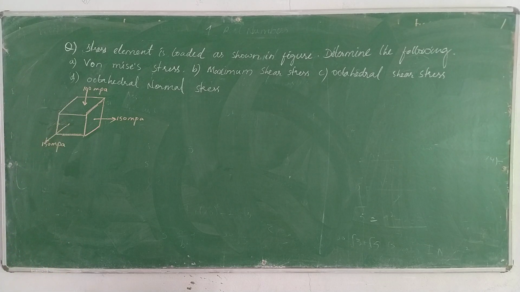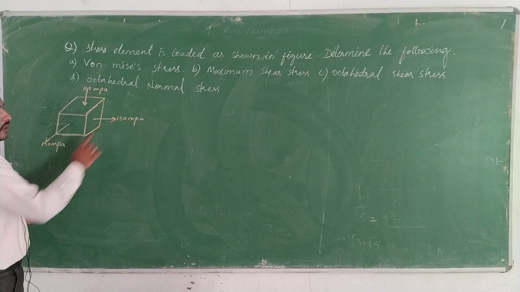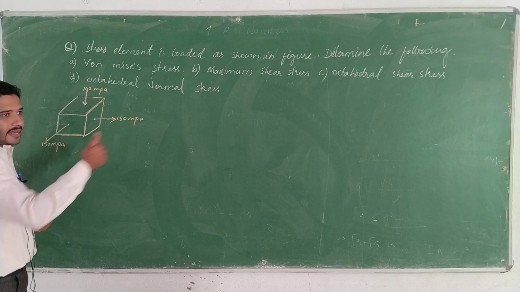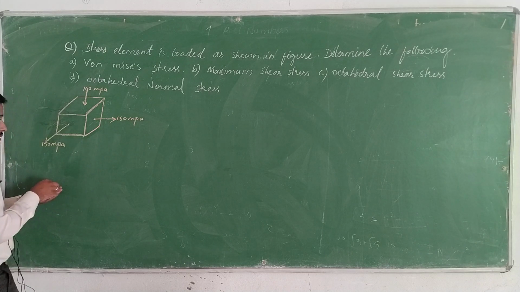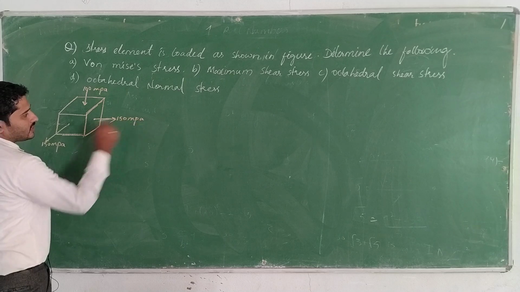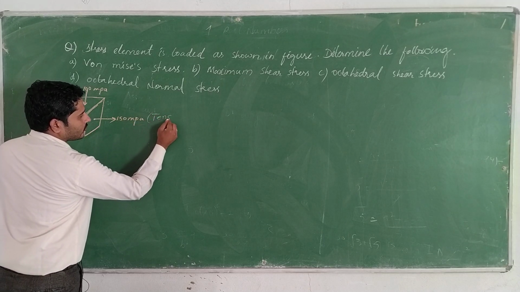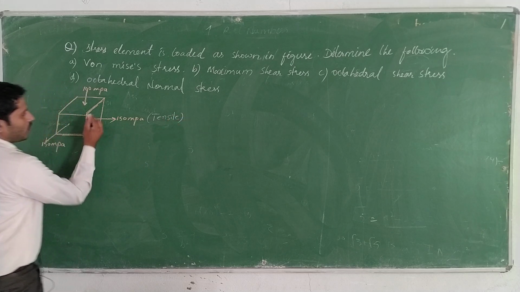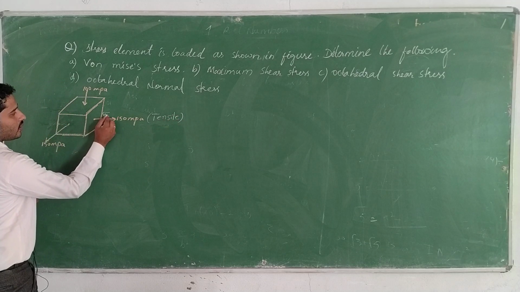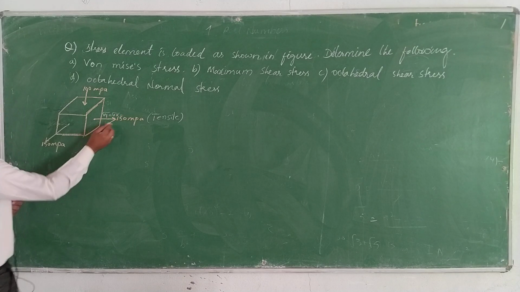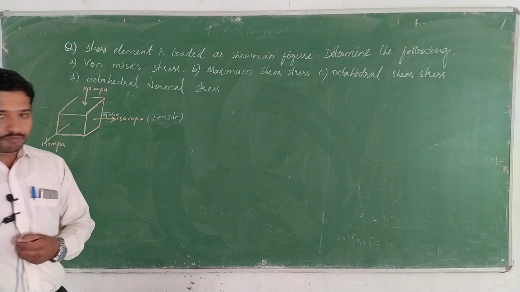Because the figure is given already, let us see. 150 megapascal is acting toward the x direction. Is it right? What is the nature? The nature is tensile here. So we can say sigma 1 equals sigma x equals 150 megapascal.